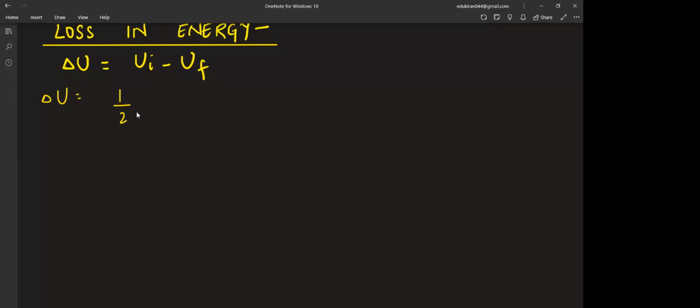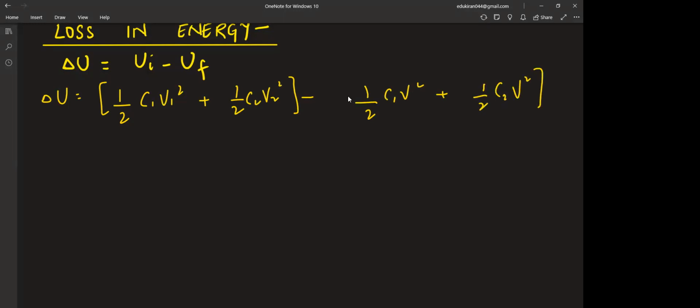So initially, this was half C1 V1 square. This was half C2 V2 square, right? This is the initial energy, minus the final energy: half C1 V square plus half C2 V square, because common potential has arrived, right? Now let's take the common potential common here.